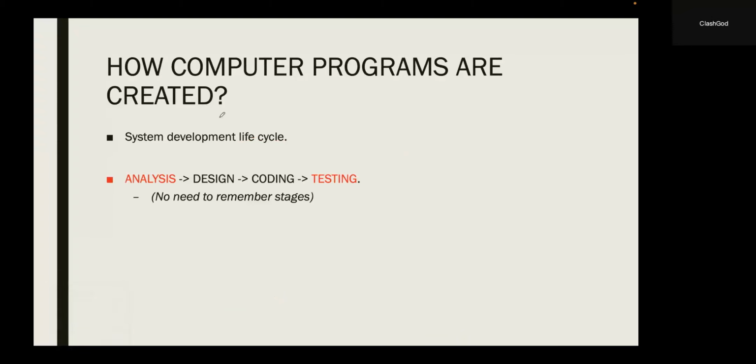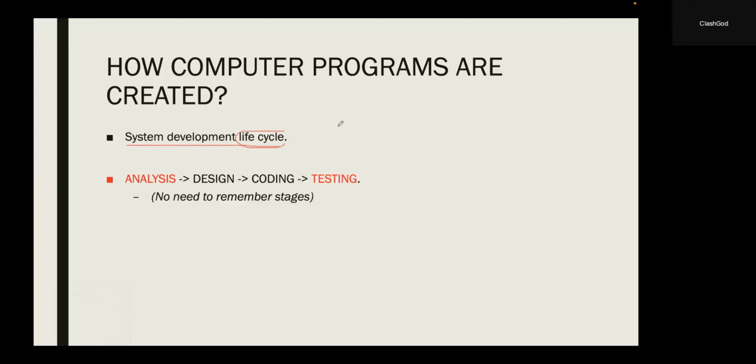Now, let's see, how are computer programs created? Now, this will refer back to the name of this chapter, which is the System Development Life Cycle. Computer programs are created through following this cycle. Now, when you see these big words, life cycle, and you have no idea what this means, just take it easy.